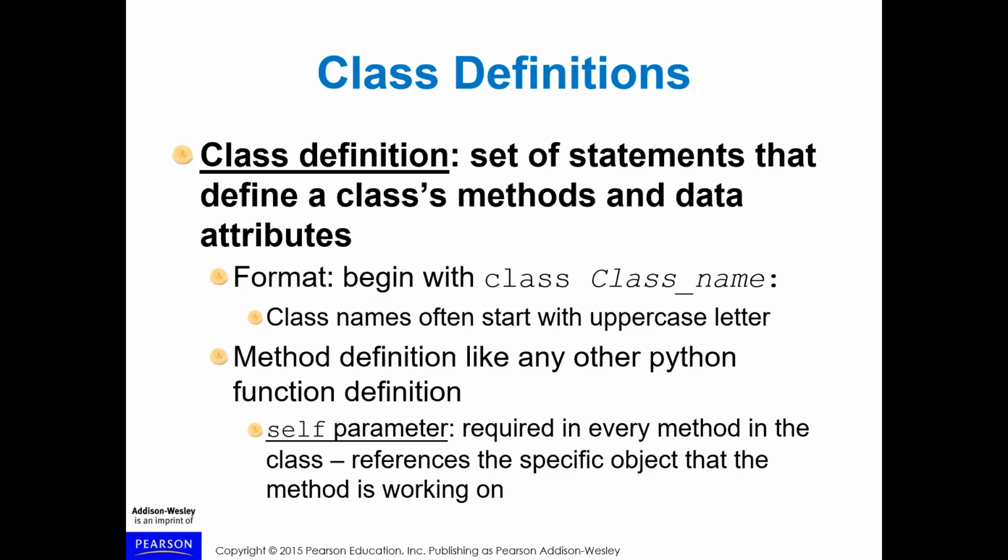So class definitions. Now we're getting closer to the actual syntax in Python. You can see the very powerful word class. A class definition is, as you already know in Python, a set of statements that defines a class's methods and data attributes.